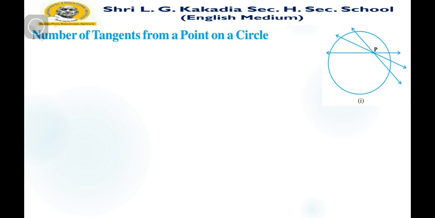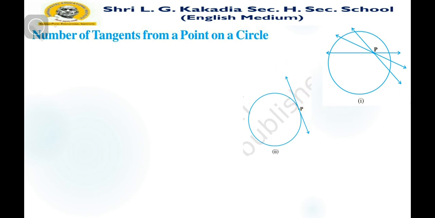Now let's take a point on the circle. Then we know that we can find one tangent. If we take any point on the circle, there is one and only one tangent passing through this point.